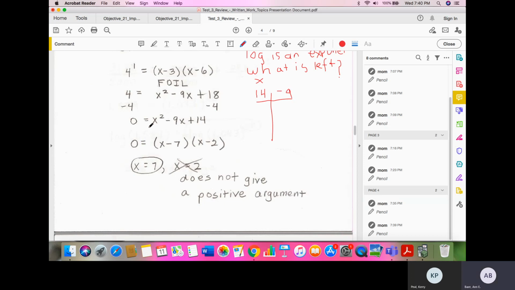Now I should mention, since we have a quadratic on this side set equal to 0, you're welcome to use the quadratic formula to solve this. You'll get the same answers if you do your math correctly. So 14 is 2 times 7.